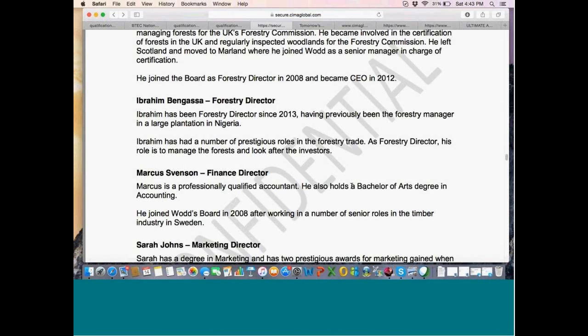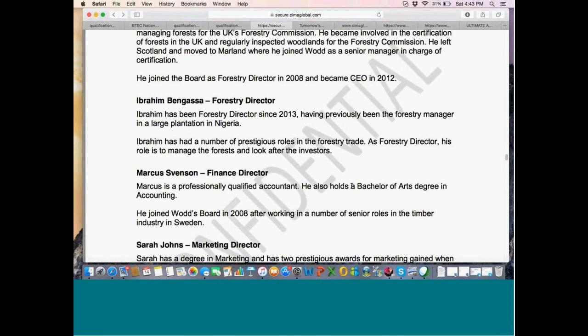So the other thing that I've seen is the committees that they've got, right? They've got an audit and remuneration committee. There's a health and safety committee.